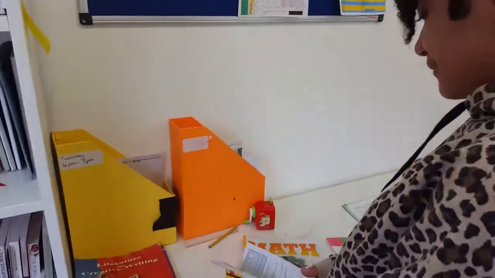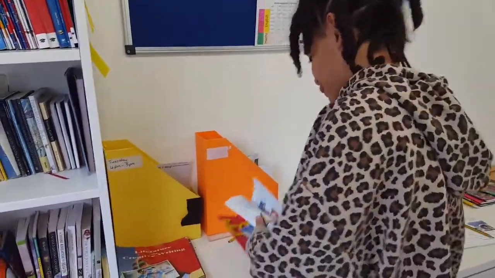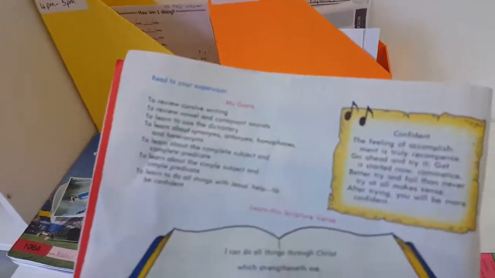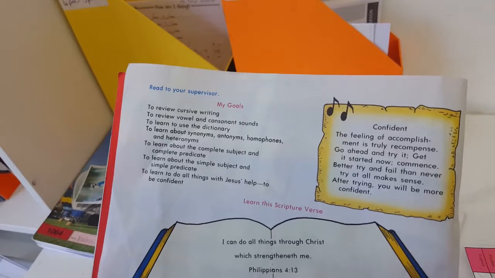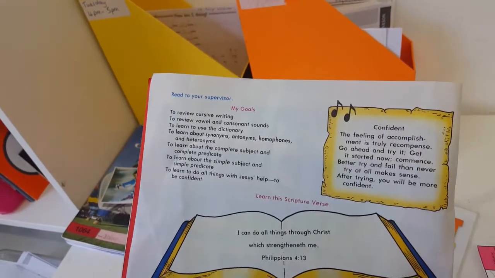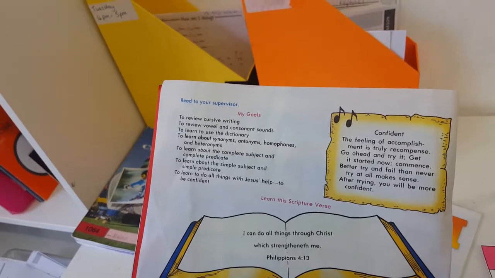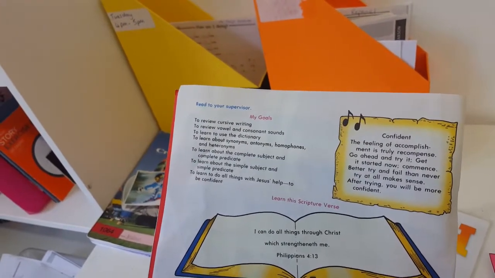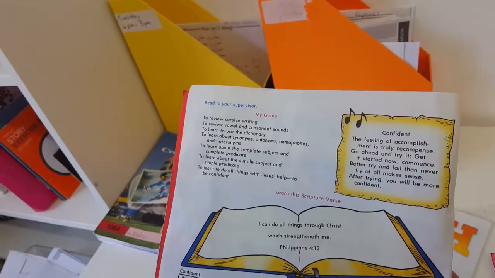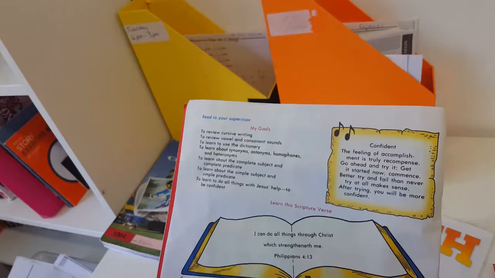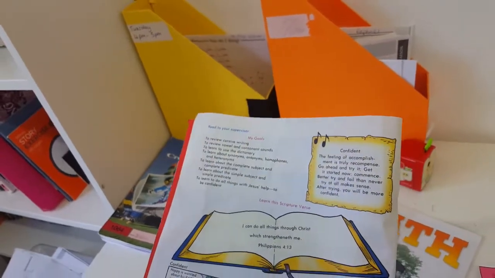Okay, so what are you learning about English? Shall I read my goals then? My English goals: to review cursive writing, to review vowel and consonant sounds, to learn to use a dictionary, to learn about synonyms, antonyms, homonyms and heteronyms, to learn about the complete subject and complete predicate, to learn about the simple subject and simple predicate, to learn to do all things with Jesus' help to be confident.